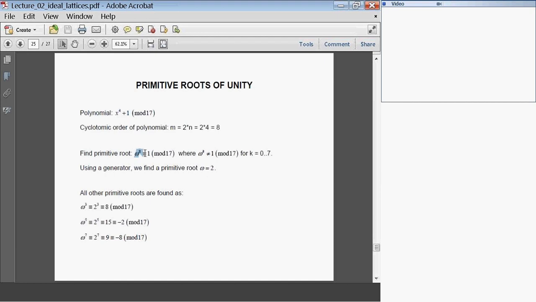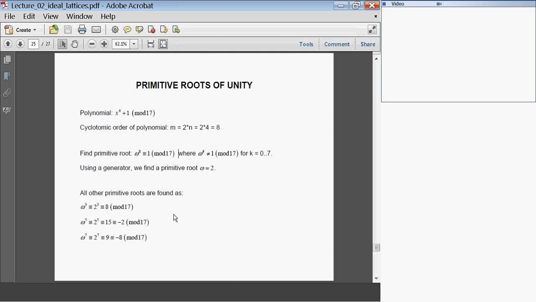And a primitive root, simply speaking, means a value omega, in this case for the order of 8, such that omega taken to the power of 8 is equal to 1, but when it's taken to any smaller power, it's not equal to 1.